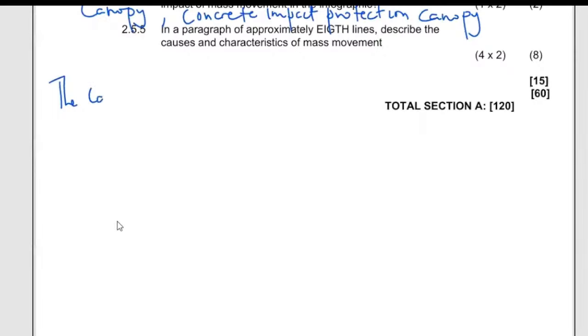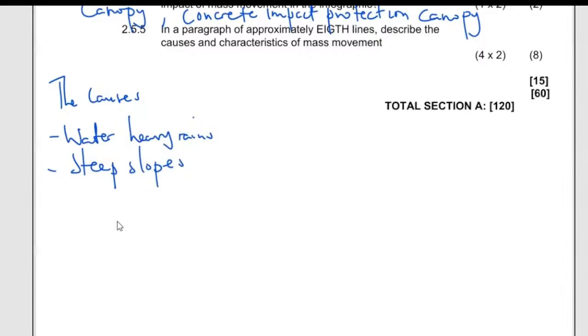The causes which are common, we are looking at water. Usually in the event of heavy rains, they tend to facilitate mass movements. And also, areas which have steep slopes are a factor that favors the movement of material down a slope under the influence of gravity.